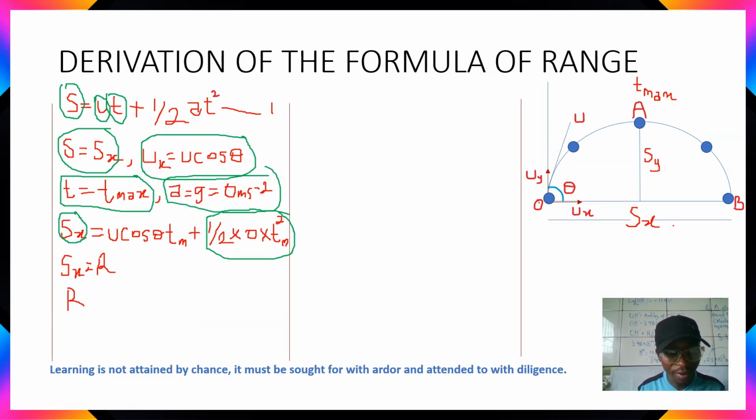because we have said that our Sx, the range, is equal to u cos theta multiplied by our time to reach the maximum height, which is u sine theta over g.